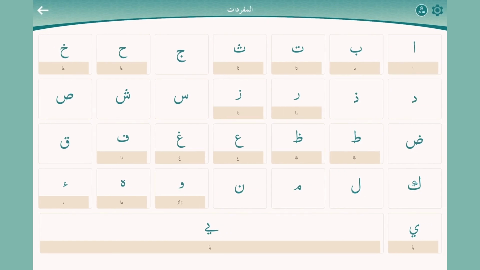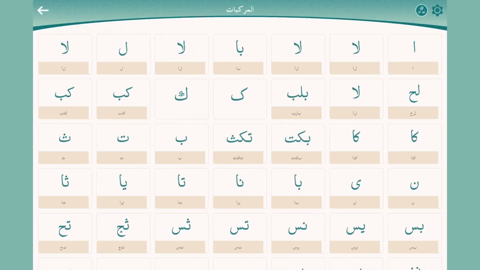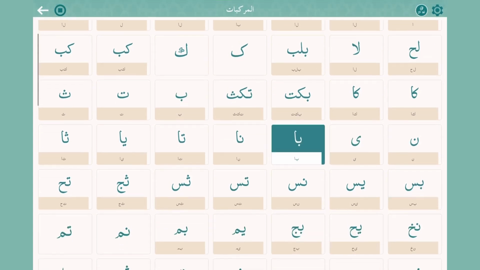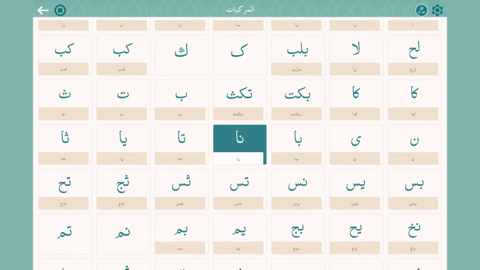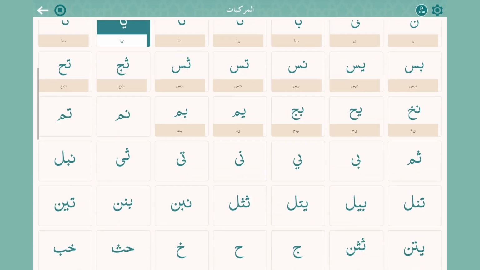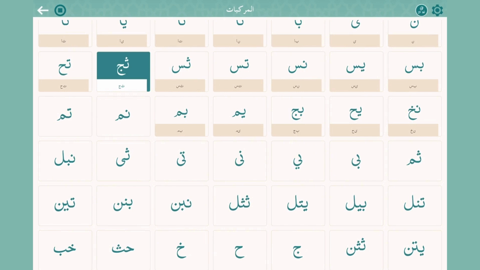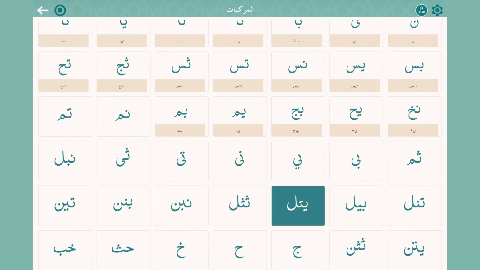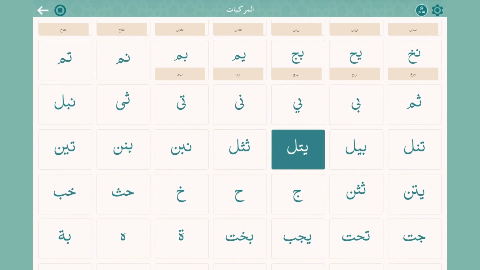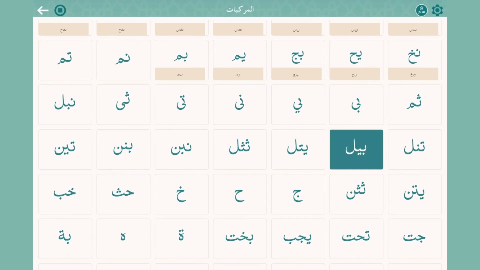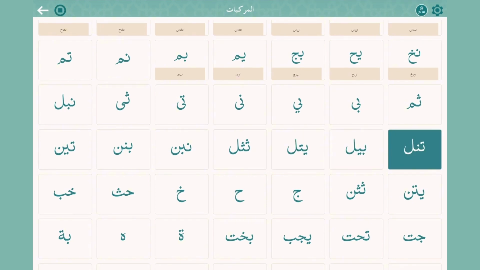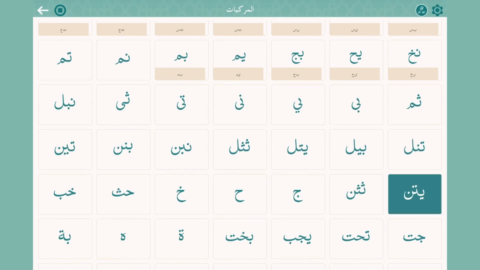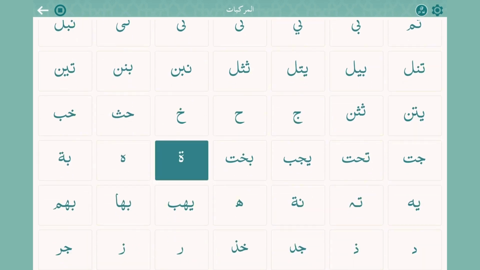They're in different ways, which are the ways that we need to learn. Ba, Ya, Ba, Alif, Nun, Alif, Ya, Alif, Tha, Jim, Tha, Tha, Lam, Ya, Ta, Lam, Ba, Ya, Lam, Ta, Nun, Lam, Ya, Ta, Nun, Ta.